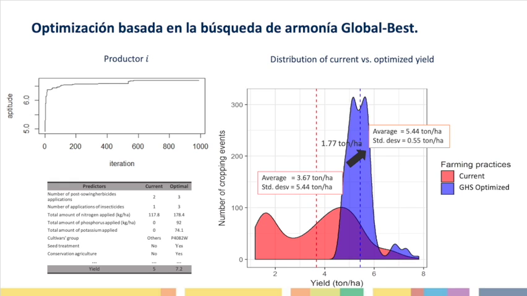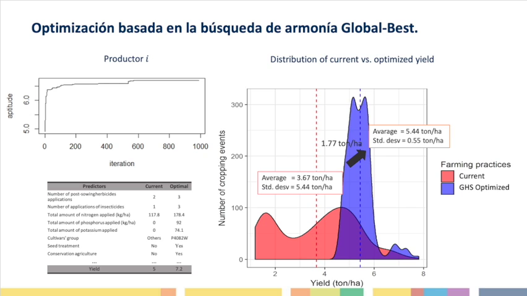What you can see here in red would be the current distribution with the current practices that the producers have in place right now. As you can see, the average would be 3.67 tons per hectare and a lot of variability, estimated at approximately 5.44.